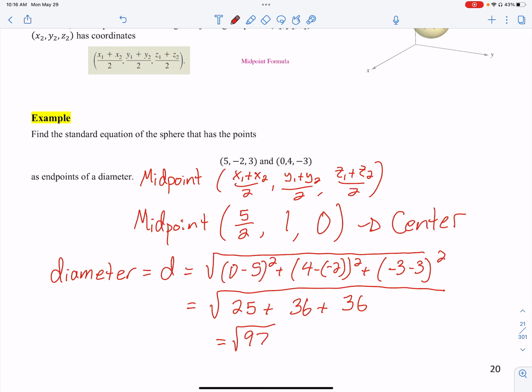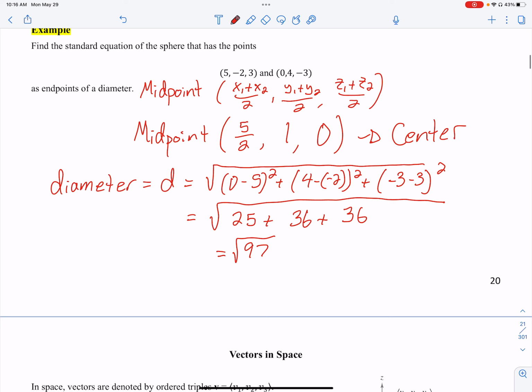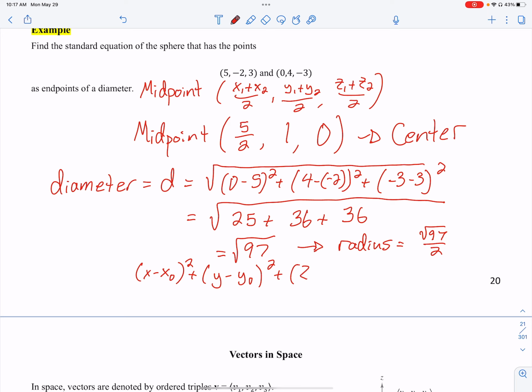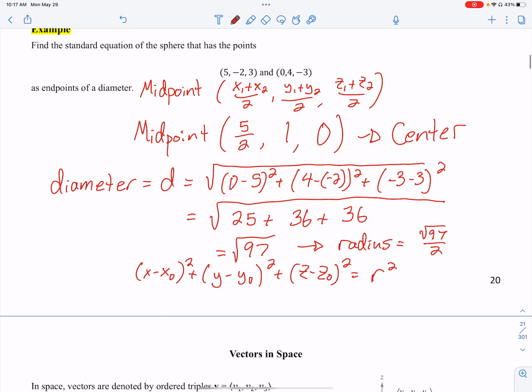That is my diameter. So that tells me my radius, though, is the square root of 97 over 2. Now the formula for a sphere, I'm going to write this out. X minus x naught squared plus y minus y naught squared plus z minus z naught squared equals r squared.